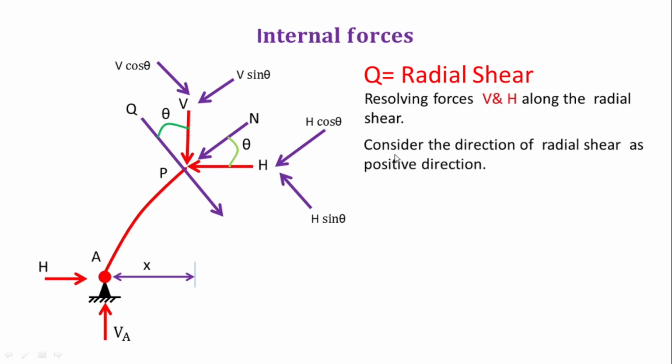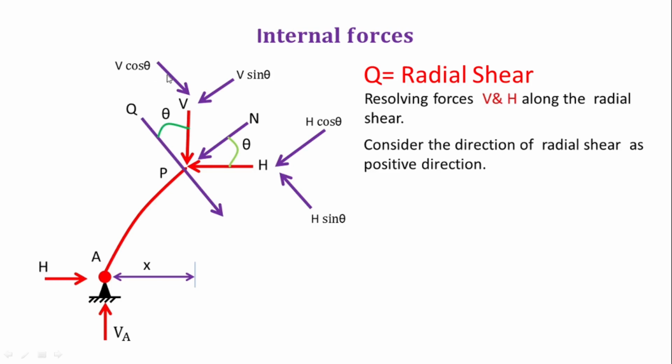Now consider the direction of radial shear as the positive direction, which is the downward direction.